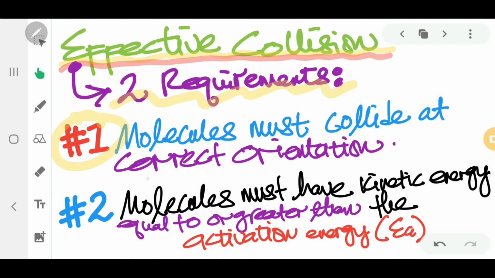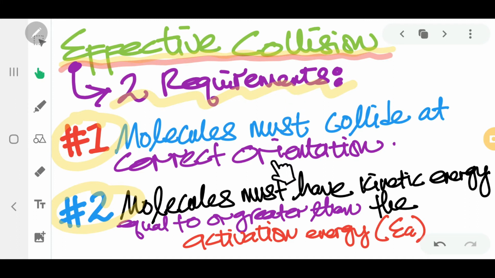But getting the correct orientation is not enough, because the molecules which are trying to react with one another to make products also need to have kinetic energy which is equal to or greater than the activation energy. So those are the two requirements for effective collision.